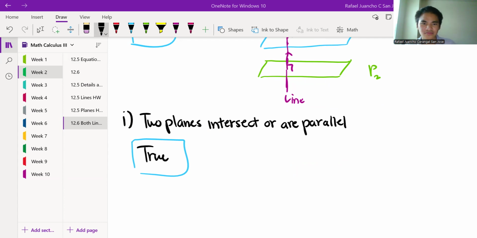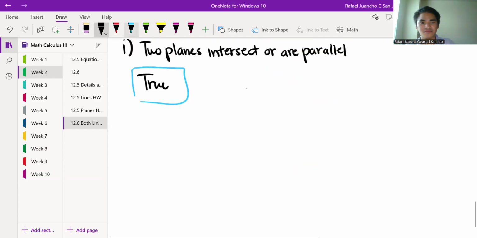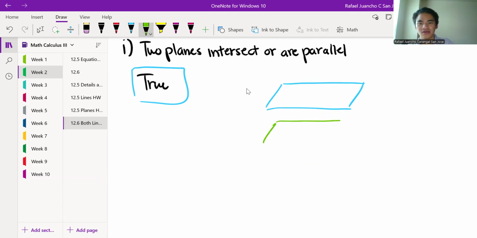It's either they're parallel, or they intersect each other. And if they intersect, they're either perpendicular or not. So we have some normal vectors here.